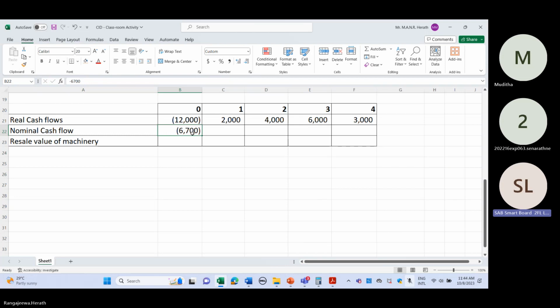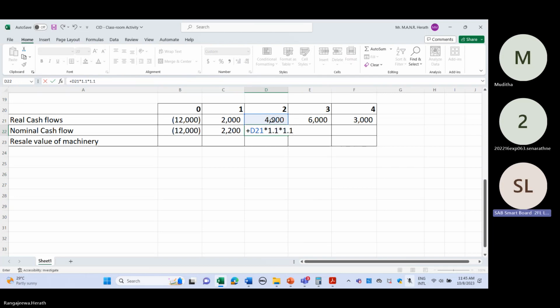To calculate the nominal cash flow, it is like this. Inflation rate 1.1, so the first year is multiplied by 1.1. Second year multiplied by 1.1 to the power 2.